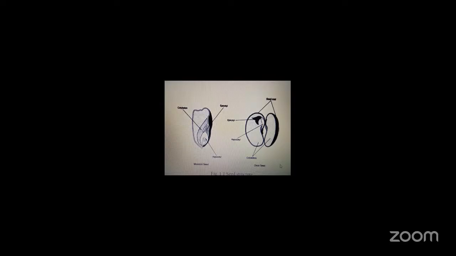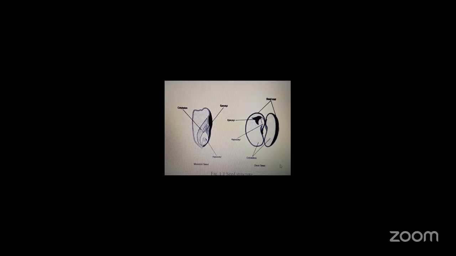And some other dicot seed crops are there from leguminosae families. These are the exalbuminous dicotyledon seeds. The embryo is made up of the embryonic axis and two fleshy cotyledons.